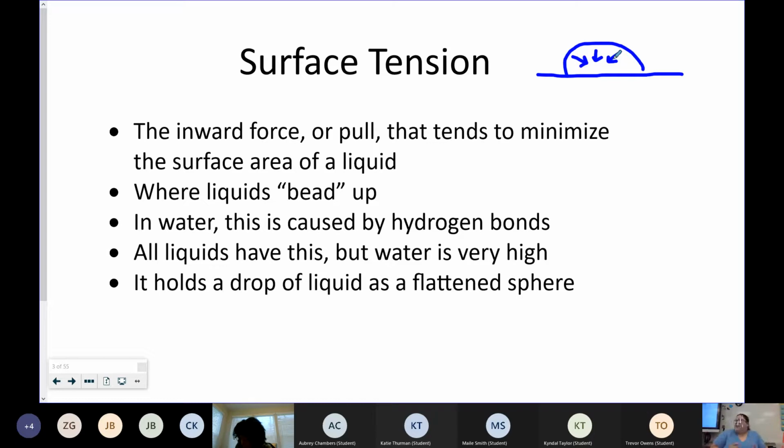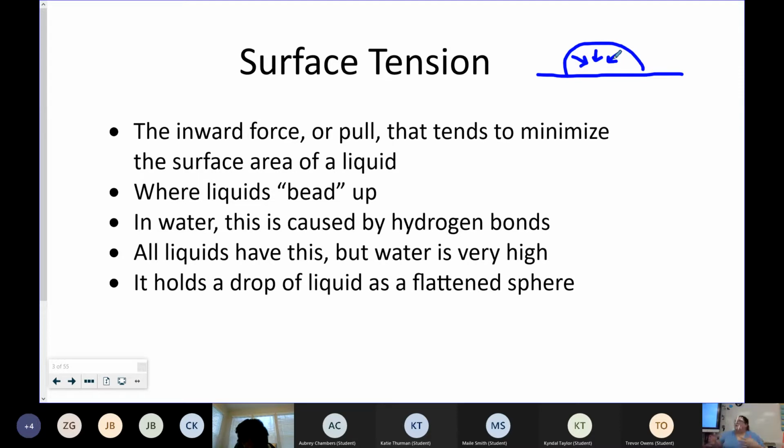In water, the high surface tension is caused by those hydrogen bonds. Remember, the hydrogen bonds are trying to hold one water molecule to another. So they're being held together, which means they're not willing to spread out.